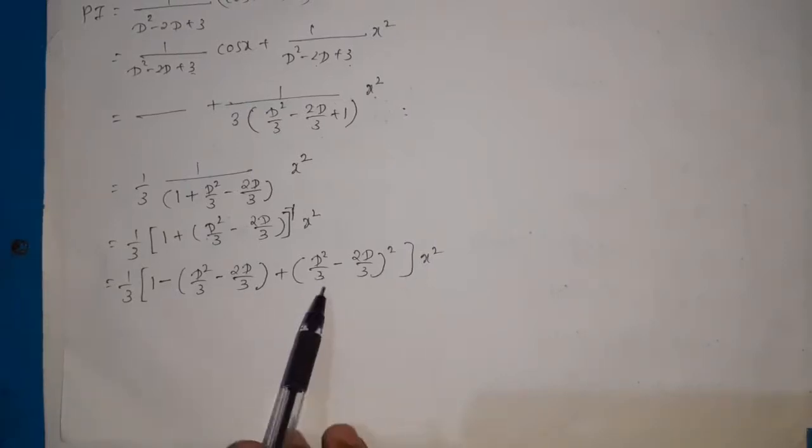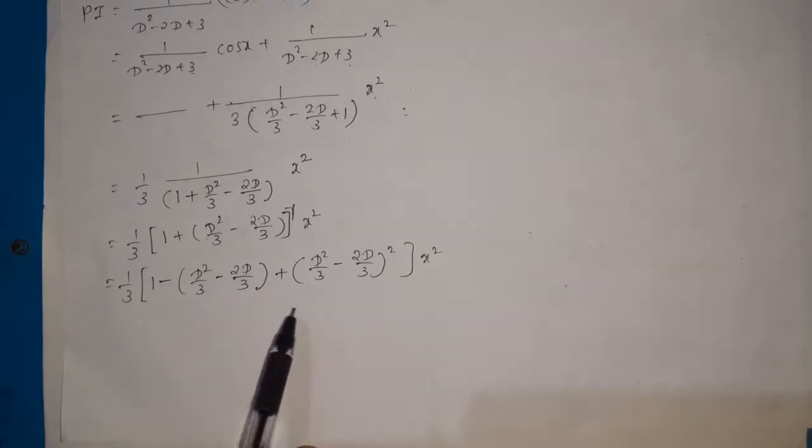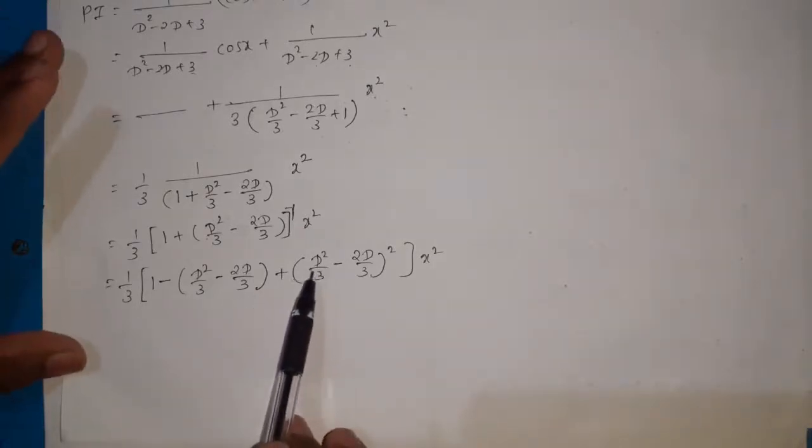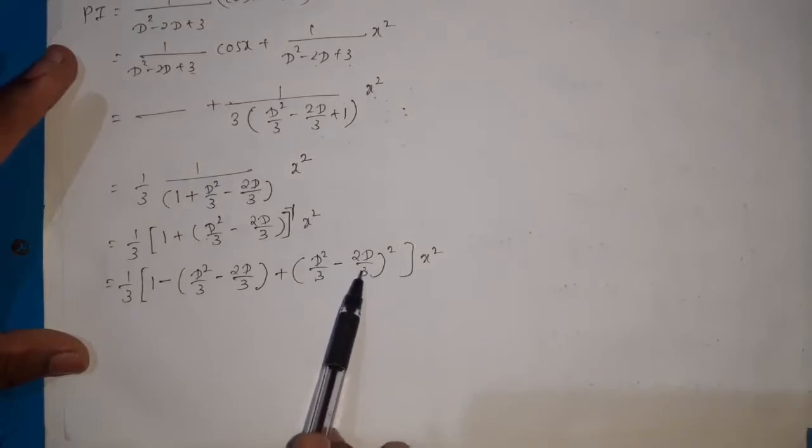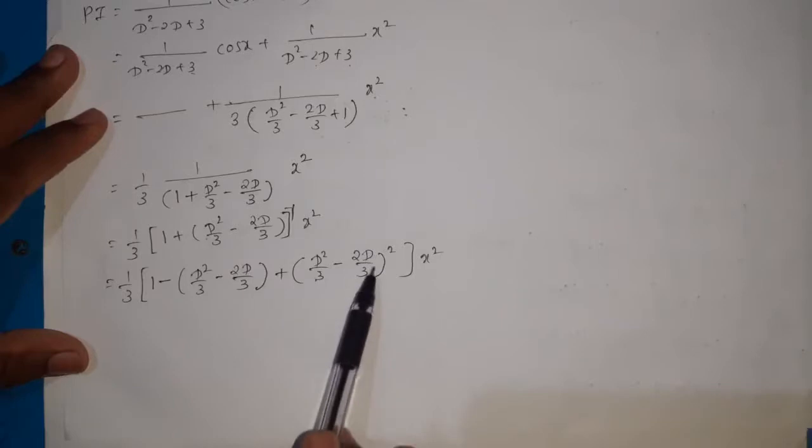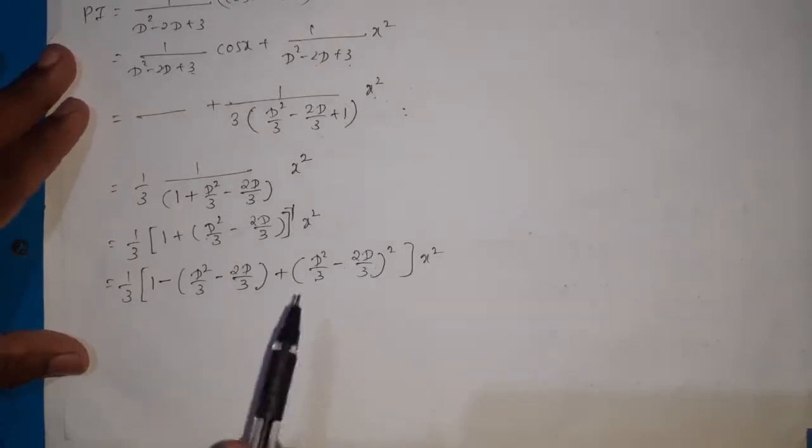Among these we cannot get D² in a², but in b² we can get D², because b² becomes 4/9 D². So it is 1/3 [1 − D²/3 + 2D/3 + 4/9 D²] x².